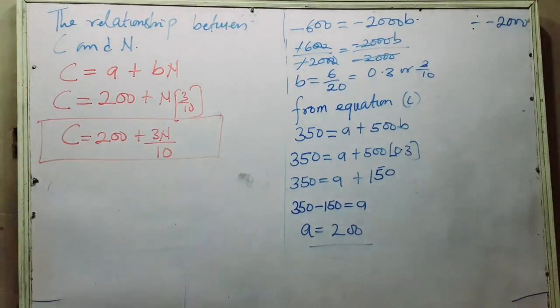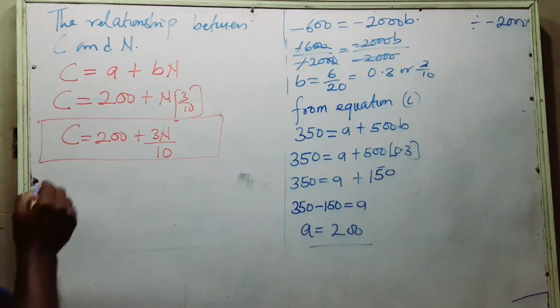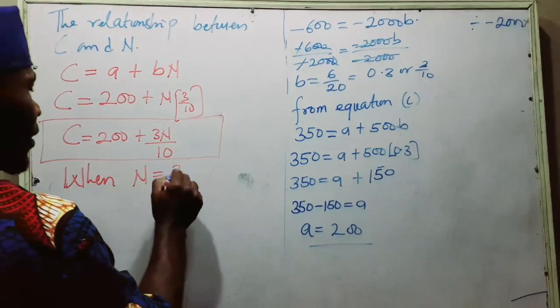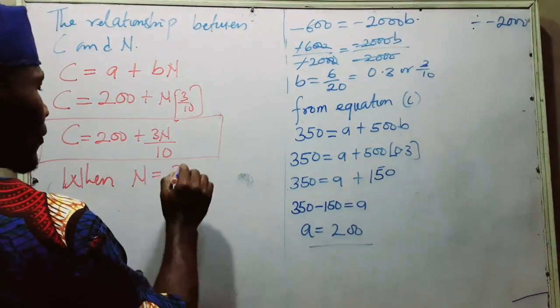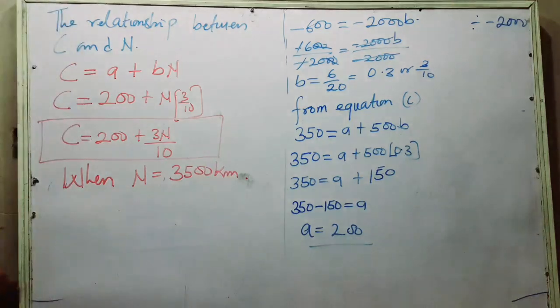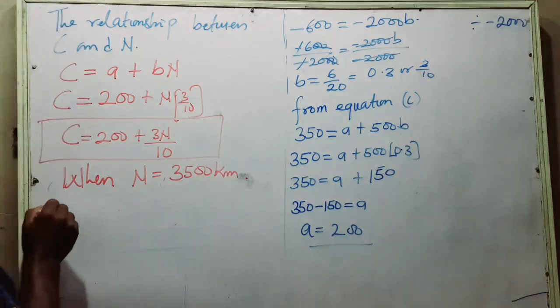It is this relationship you will now use to find our final answer. It said find the cost of maintaining when it covered 3,500 kilometers. So when L is equal to 3,500 kilometers, what is the value of the cost?